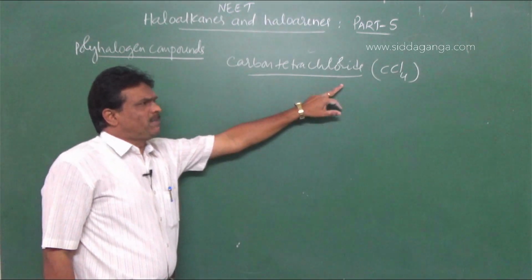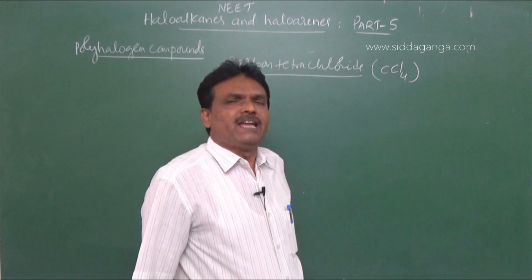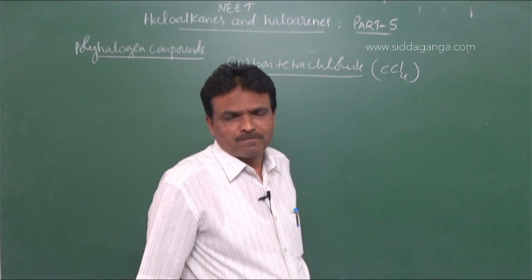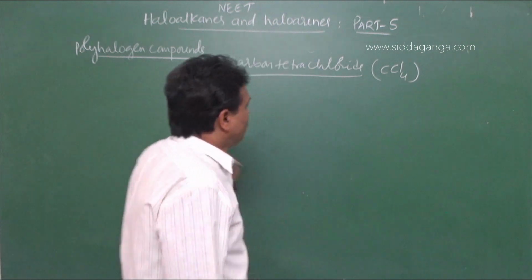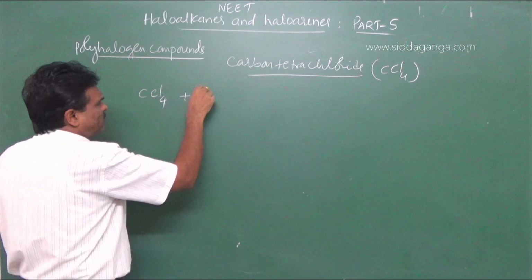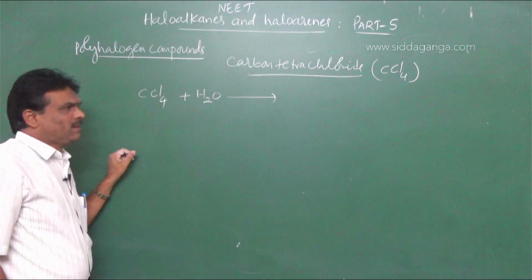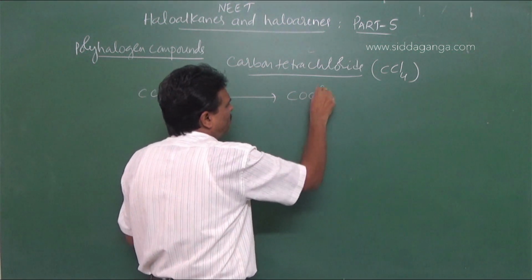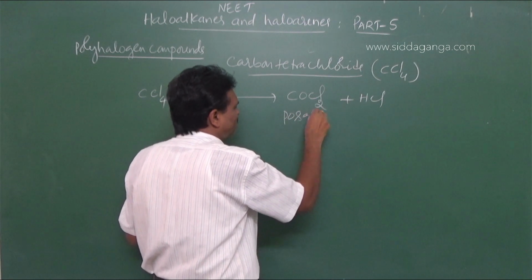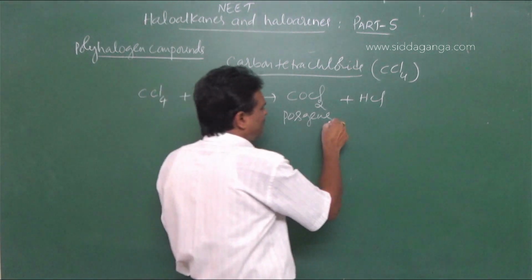Carbon tetrachloride is obtained by the reaction between excess chlorine and methane. When carbon tetrachloride reacts with steam or water vapors, it forms carbonyl chloride and HCl. This is phosgene, or carbonyl chloride, a poisonous gas.